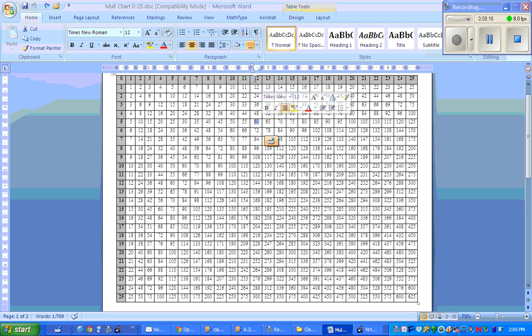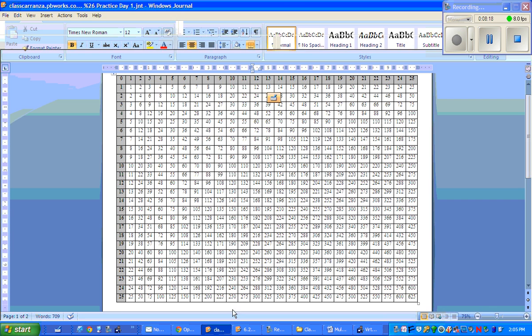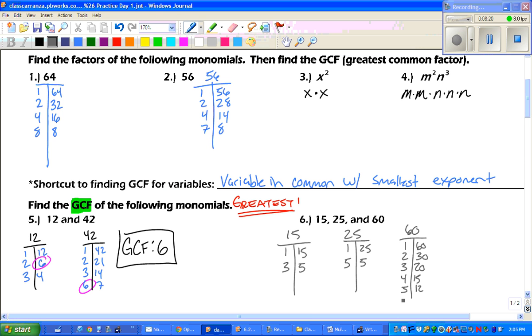It's 5 and there it is. 12. And 6 and 10. So the GCF, the highest number that all 3 of these have in common, is the number 5. So we would write the GCF is 5.